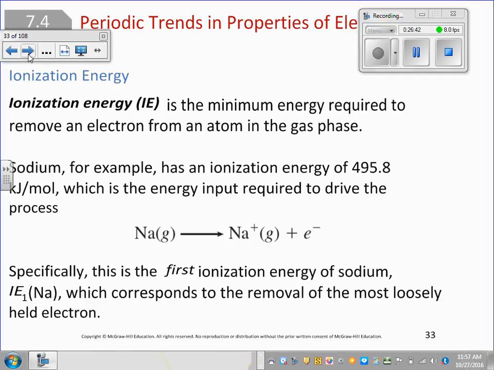Where is your valence electron? Closer or farther away? The atomic radius gets bigger, right? So she was holding on to her, so I had to pull because she wouldn't let go. You, on the other hand, here's your electron out here. So I go to take it away. Does it take more or less energy? Less. So as you go from top to bottom in a column, is the ionization energy going to go up or down? Down.